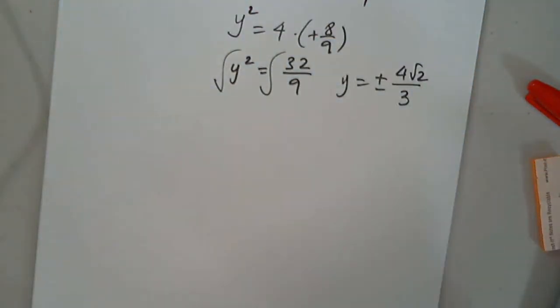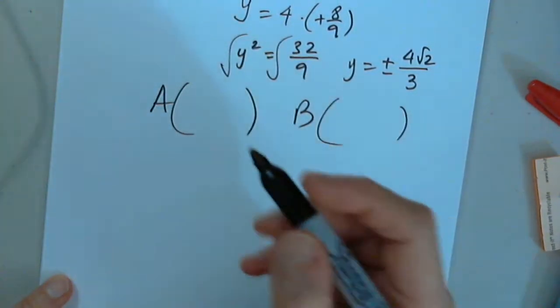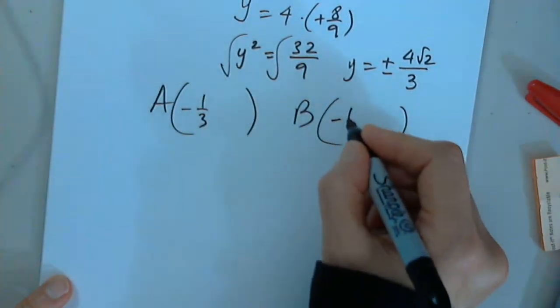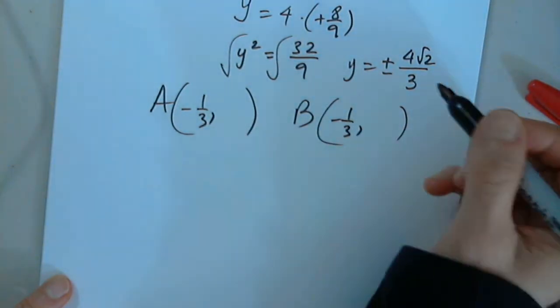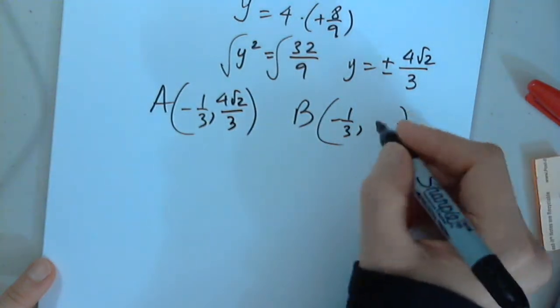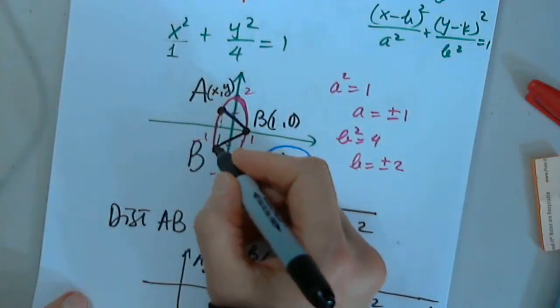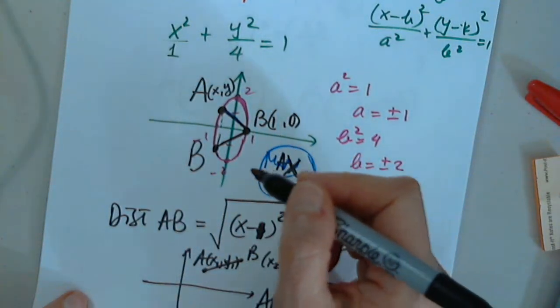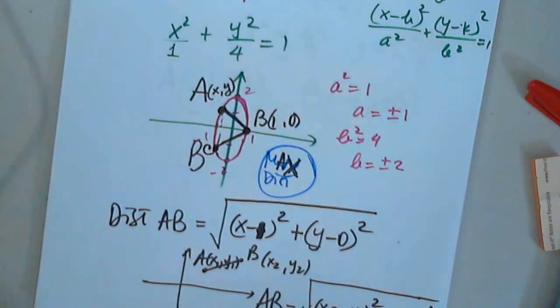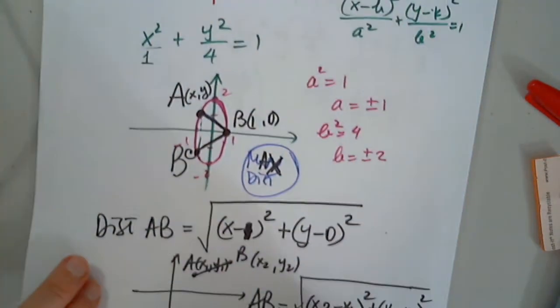So point A and point B. Both have the same x coordinate, but one is the top, the positive 4 the square root of 2 over 3, and the other one is the negative 4 the square root of 2 over 3. So the furthest away from the point, I have to change this to C, sorry.